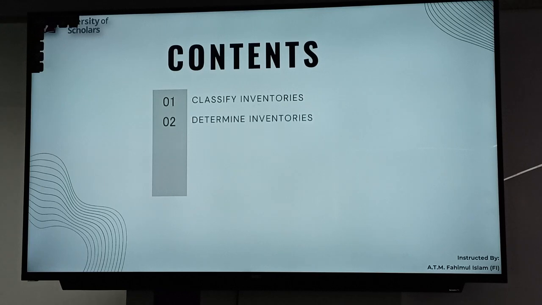Then we determined the inventories, how to calculate them, and in which method, periodic or perpetual. Then we learned about several inventory costing methods: LIFO method, FIFO method, average costing method or moving average method. We have also learned about LCNRV, which is lower of cost or net realizable value.